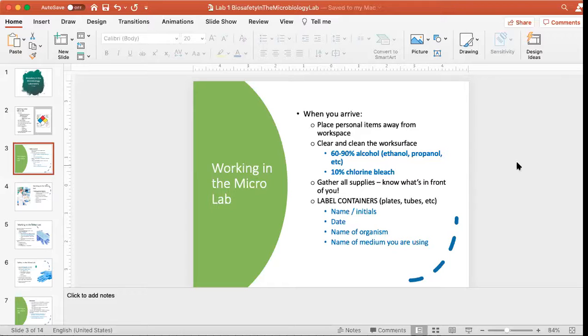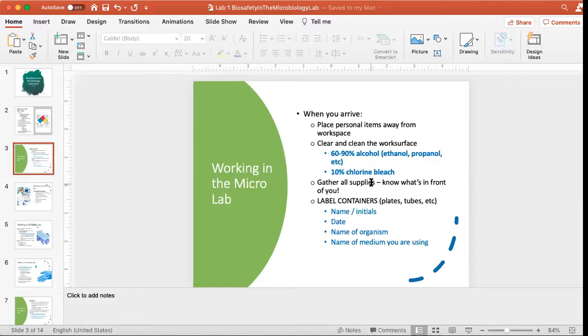So there are two disinfectants that you will encounter in most lab spaces that are used to clean work surfaces. The first one is alcohol, and the second one is bleach. Some lab spaces use only alcohol, some use only bleach, some use both. It depends on the lab and what their preference is.